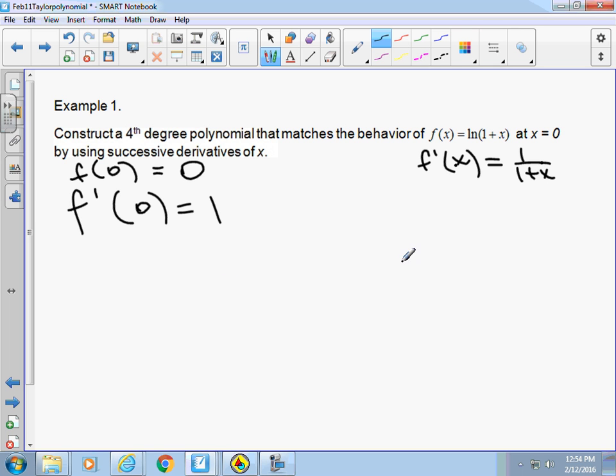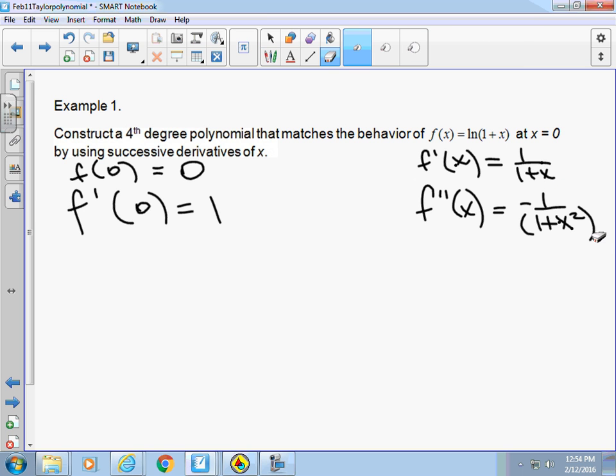Could I find the second derivative? A couple of ways you could do it. If you use a power rule, if you call this 1 plus x to the negative first power, you get negative 1. Oh, yes, it would. Thank you.